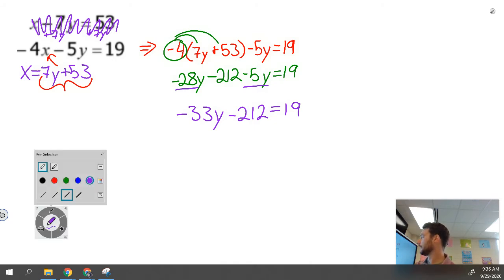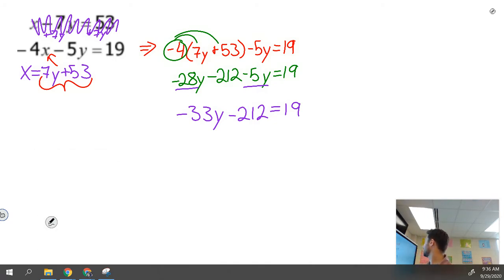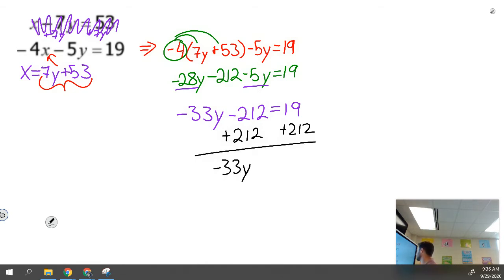And if I add 212 to both sides, well, that is 231. Right. Okay. So then I need to do that, and I don't know that off the top of my head. What is 231?